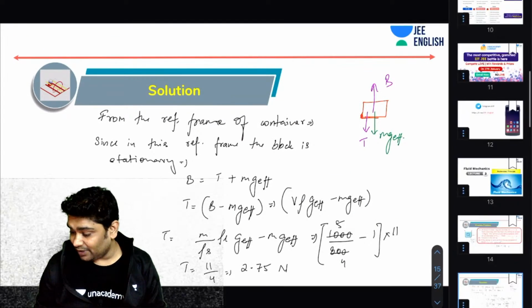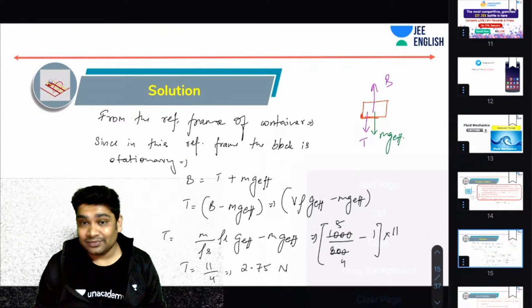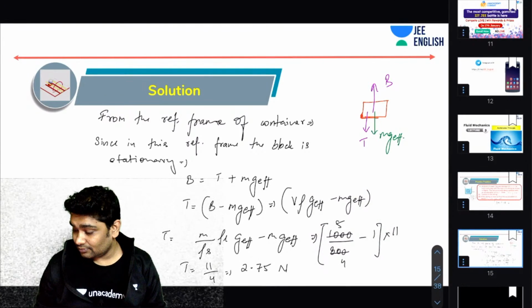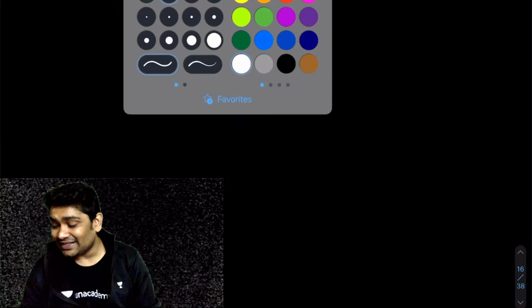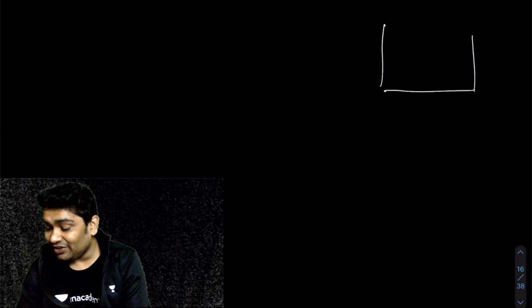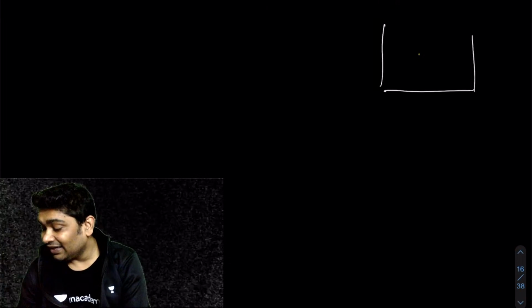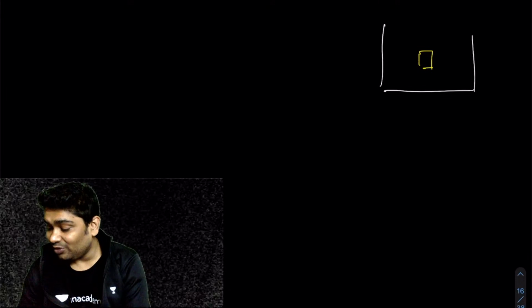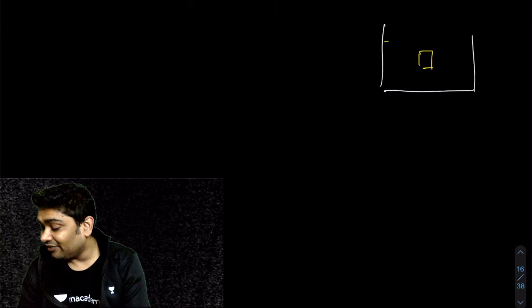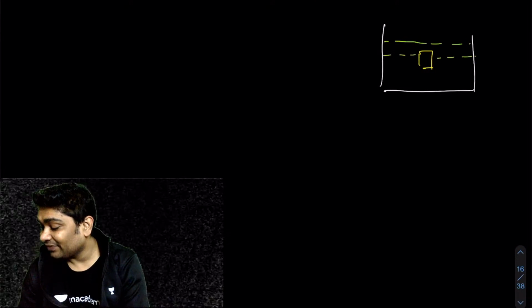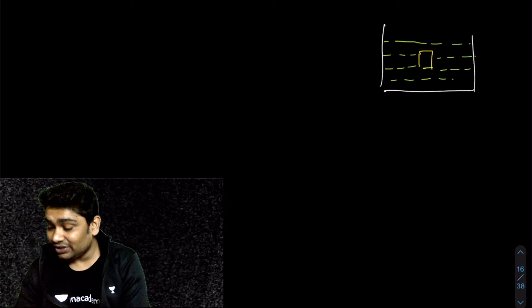Let's add one page of solution. Imagine that the string is cut. What I immediately know is that in the reference frame of the container, it feels two forces now, mg and the buoyant force.